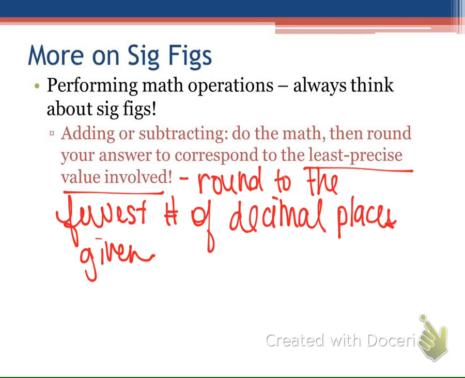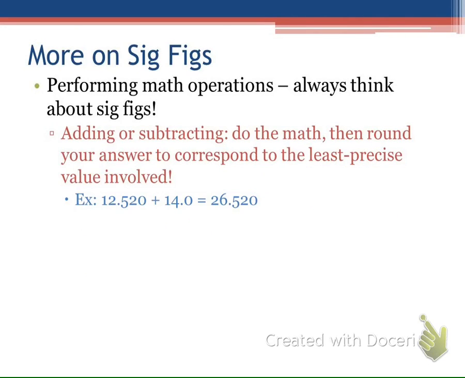Let's go ahead and try one here. You can assume that I did the math correctly here. Hopefully I did. But 12.520 plus 14.0 gives us this value. According to our adding and subtracting rules, do we have the correct number of significant figures here?